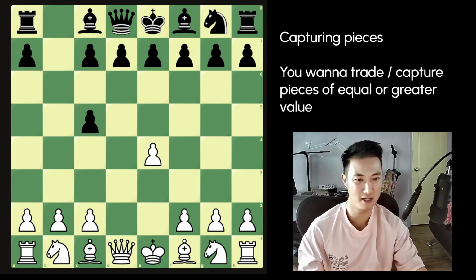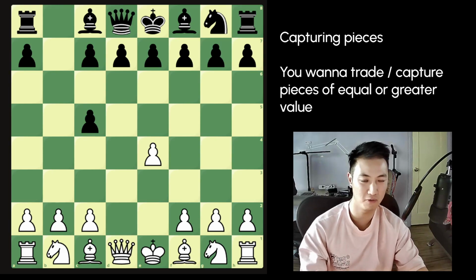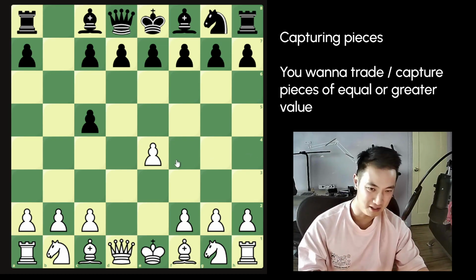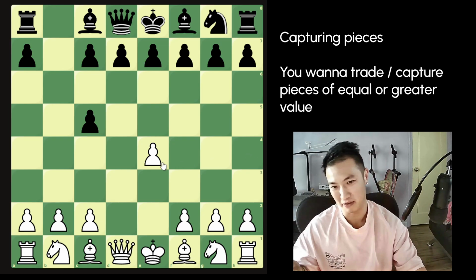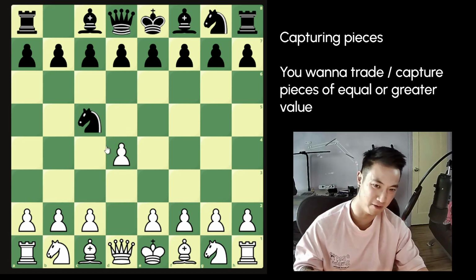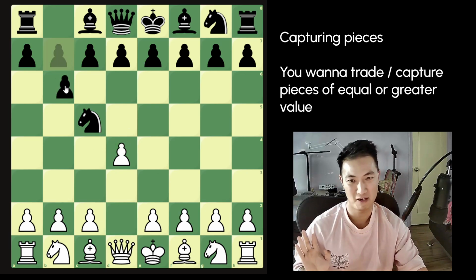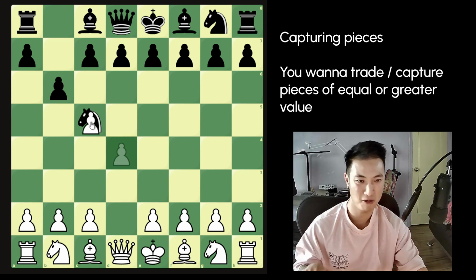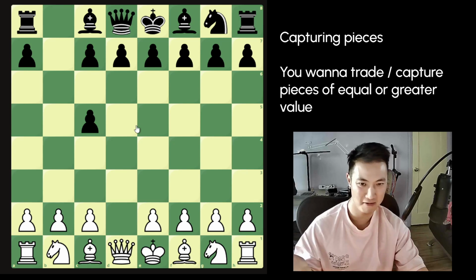Now remember, like I told you about the points, right? What are knights worth? What are pawns worth? Knights are worth 3 points, and pawns are worth 1 point. So when I trade my pawn that's worth 1 point for an opponent's knight, which is worth 3 points, I am now up material.